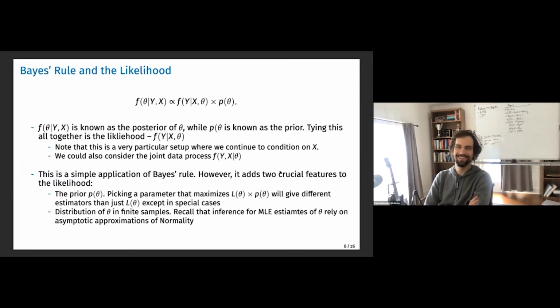The second thing that it's going to do is let us talk about the full distribution of theta, right? When we were talking about our maximum likelihood estimate, we were talking about literally the parameter that is the maximum likelihood. And then when we talked about inference, we wanted to say, what's the confidence interval? We basically made the assumption that the estimator in the limit could be approximated by a normal distribution.